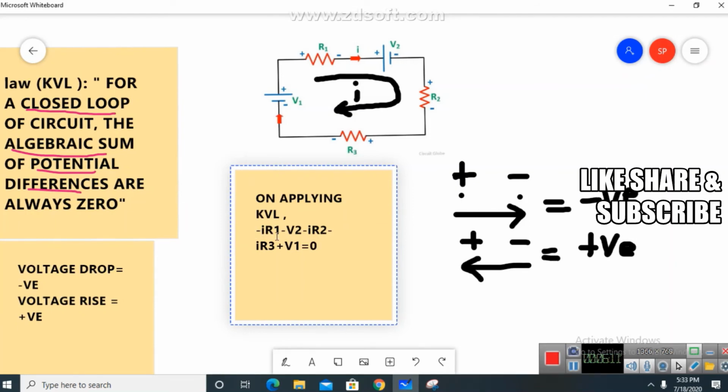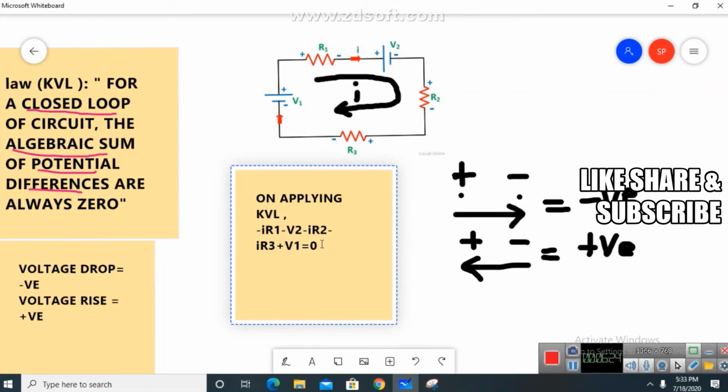As the statement states, for a closed loop of a circuit, the algebraic sum of potential differences is always 0. The same thing is happening here. Now we can separate our resistive drops from our batteries.